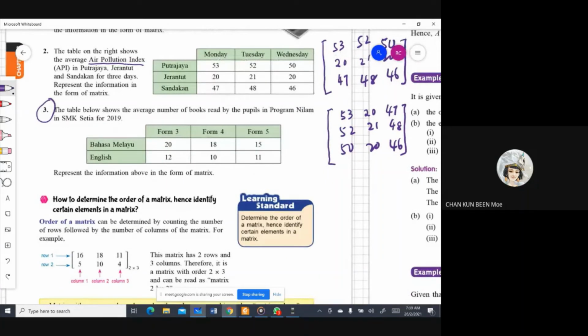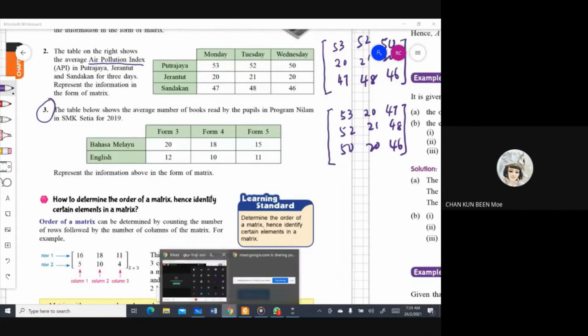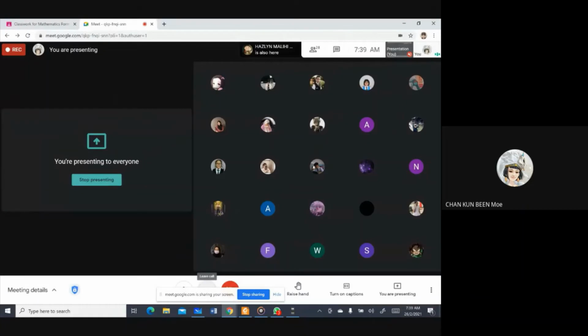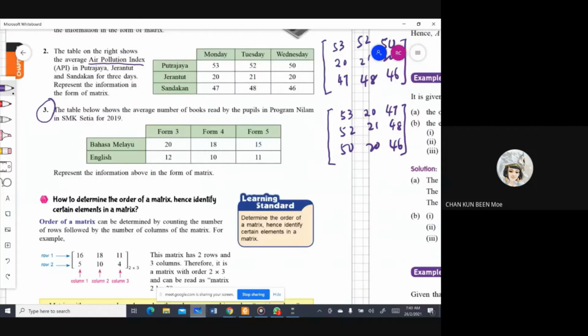can you tell me what type of matrix this is? Let me find out who is available. I can't really see your face over here. Jenwell is here today. Jenwell, can you tell me what type of matrix this is for question number 3 that we can form? Jenwell?